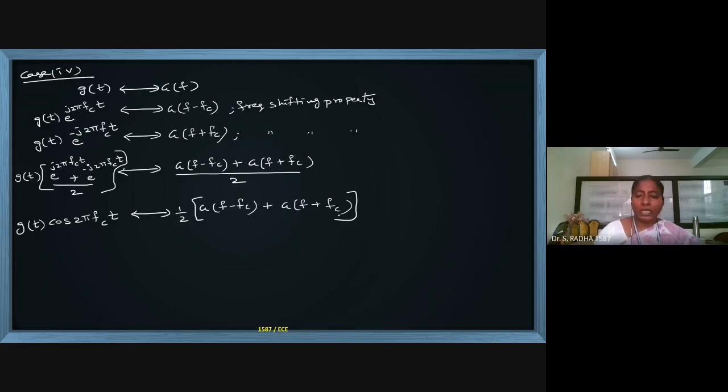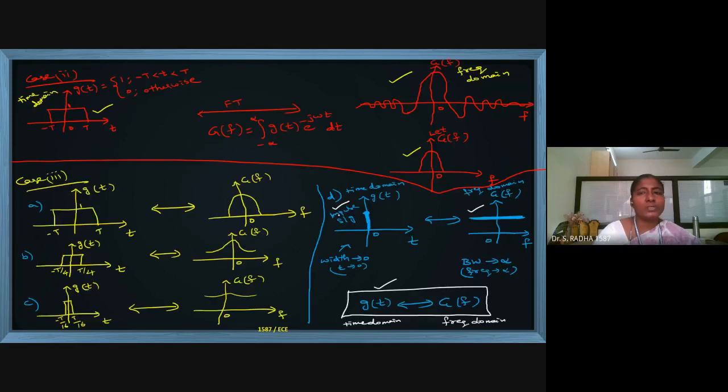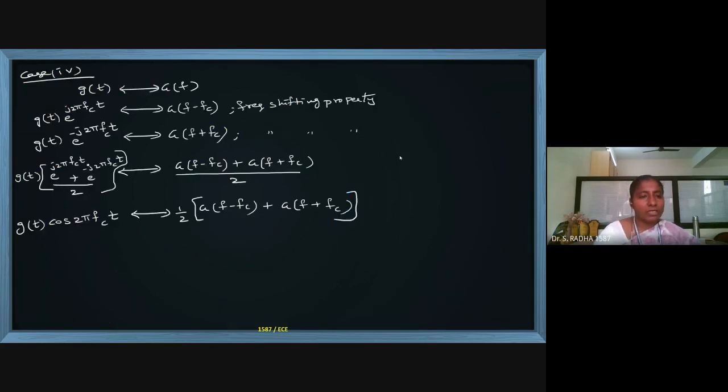So now I will use the case 2 diagram. Tick mark I have put. First tick mark, third tick mark. Case 2 diagram, first tick mark, third tick mark. So for G of t, I will take this diagram, minus t by 2 to plus t by 2.